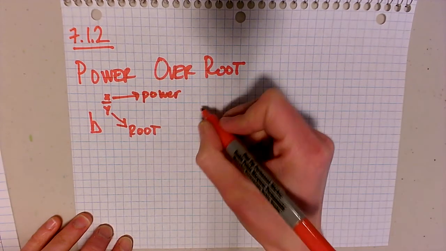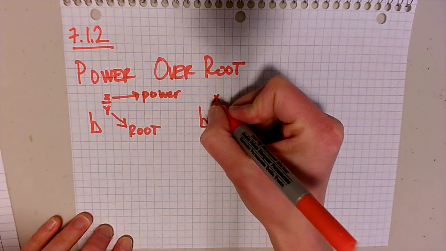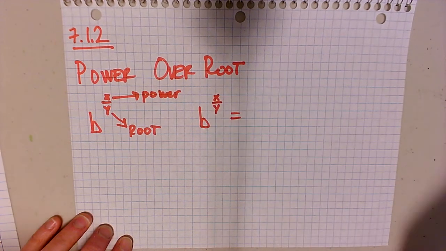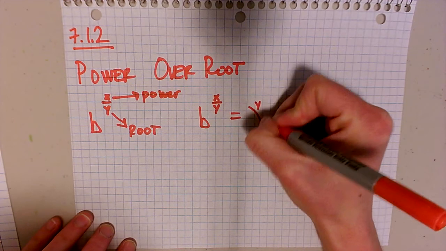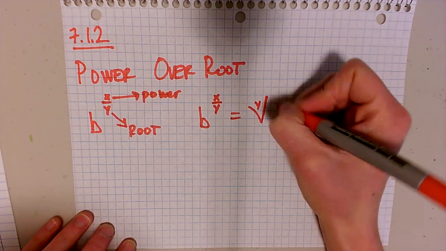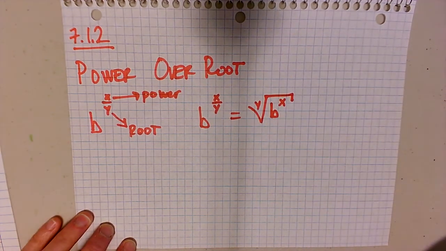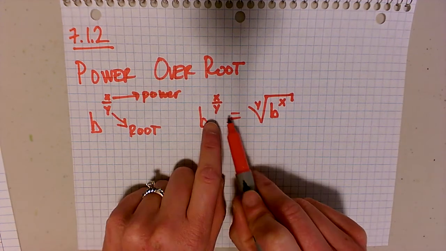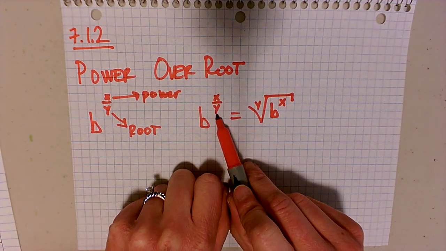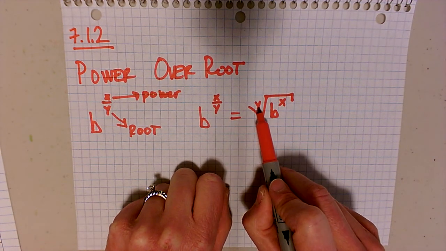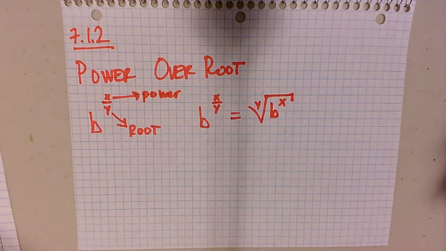So if we take b raised to x over y, we can rewrite it in radical form as the yth root of b to the x. Your number on the bottom, the denominator of your exponent, is your root, and that's where we get square roots, cube roots, fourth roots, and so on.